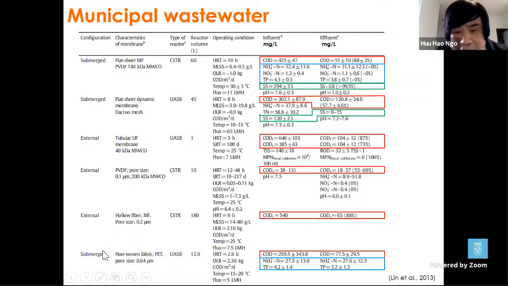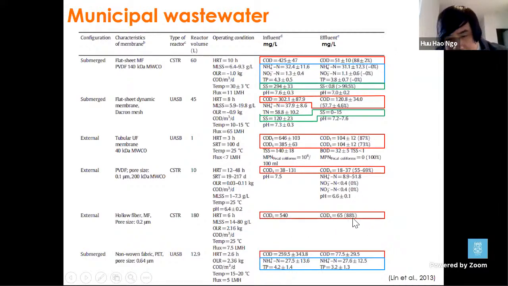When you see that, the removal efficiency somehow is not really impressive. Only the suspended solids is quite impressive, but this one is 88%, and this one is about 46%, and for the external one you can see the COD is only 87%, 73%, or something like that.